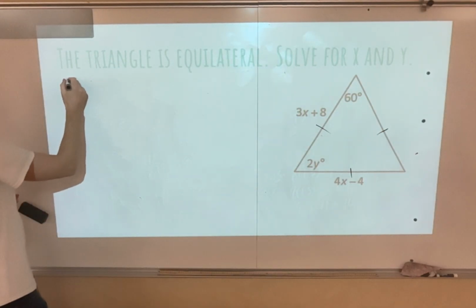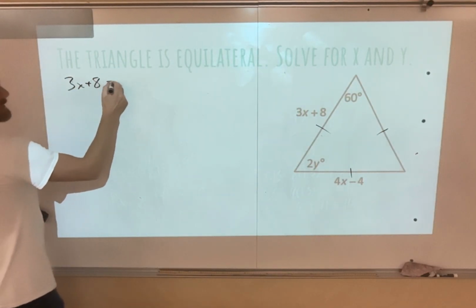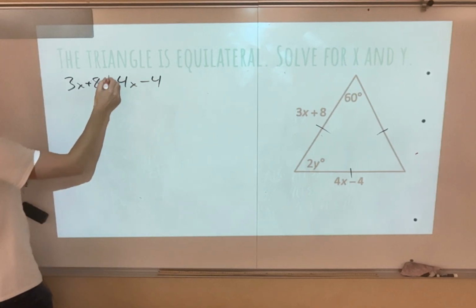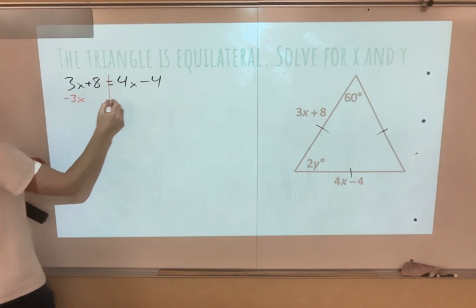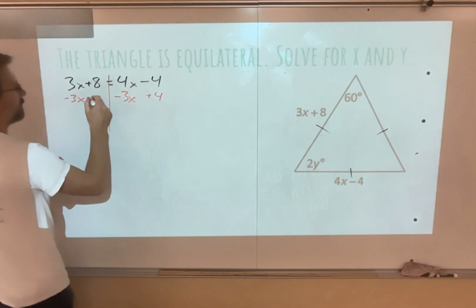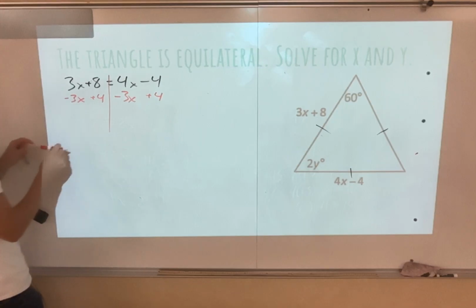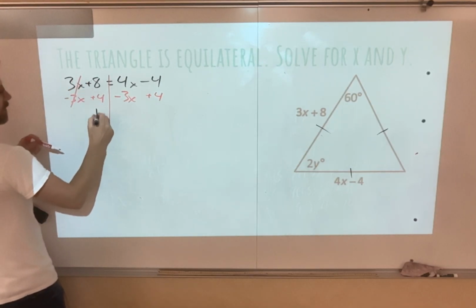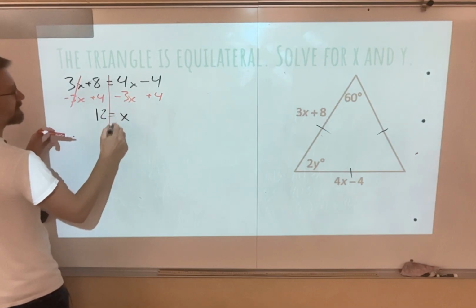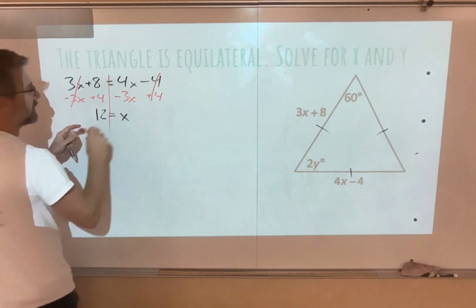So to solve for x, I can do 3x plus 8 is equal to 4x minus 4. Solving there, I'm going to subtract the 3x from both sides, and I'm going to add the 4 to both sides. On this side, the 3x's cancel out, and 8 plus 4 is 12. Here, 4 minus 3 is 1x, and the 4's cancel out, and I'm left with my answer.